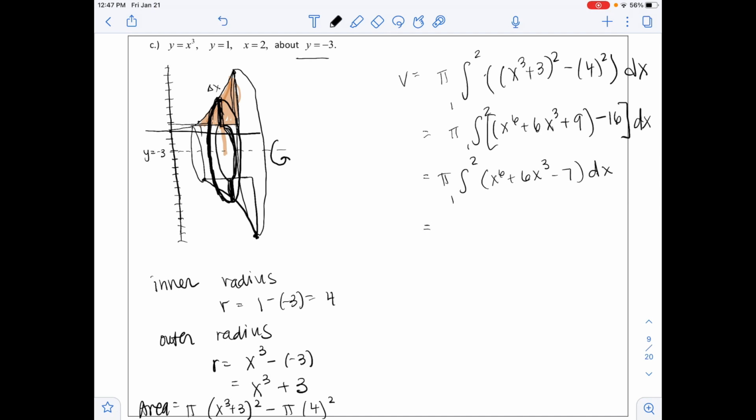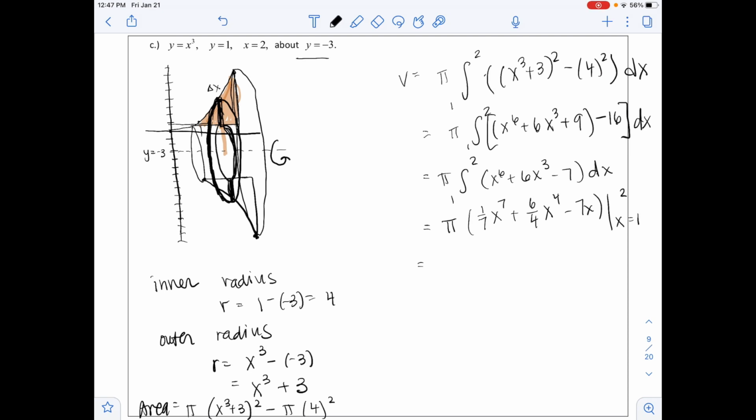And from integrating this, we have pi out in front, and then we have 1/7 x to the 7th plus 6 over 4 x to the 4th minus 7x. And we're going to evaluate this from x equals 1 to 2.